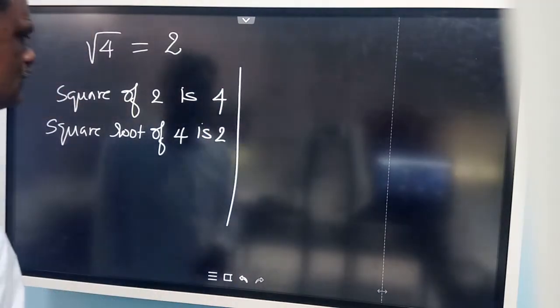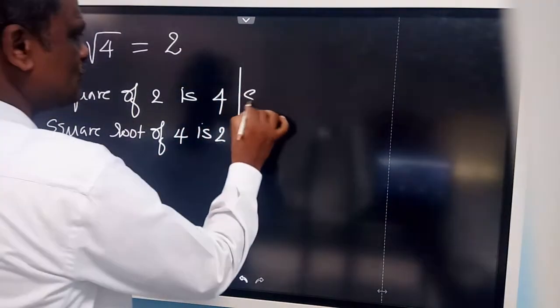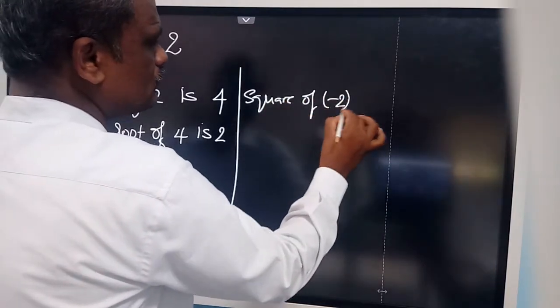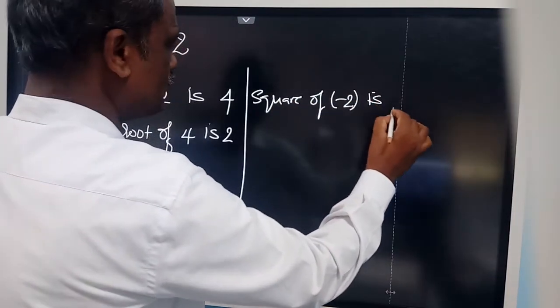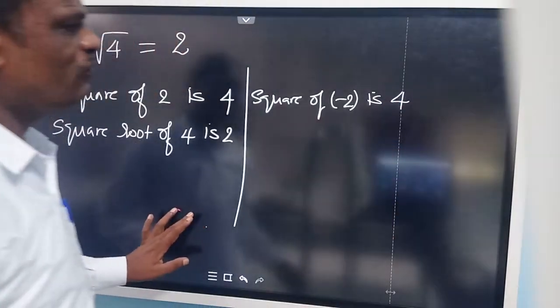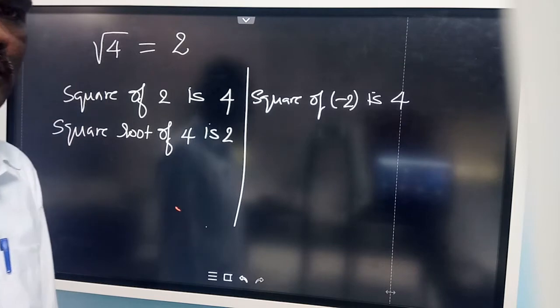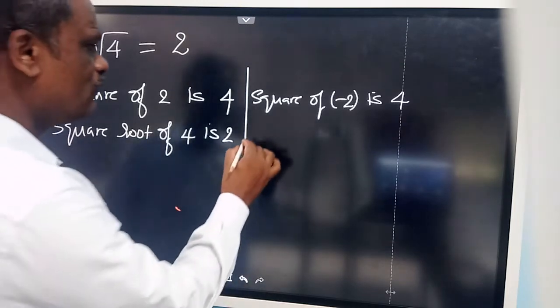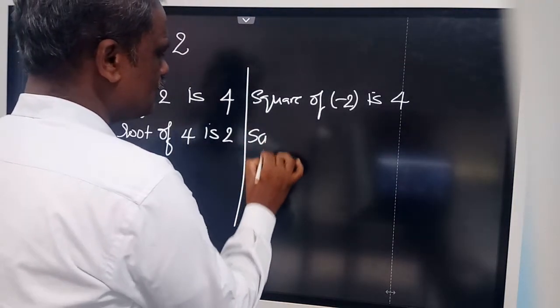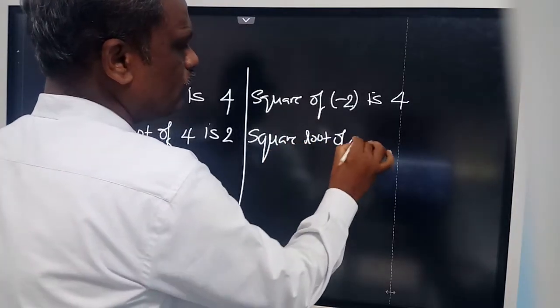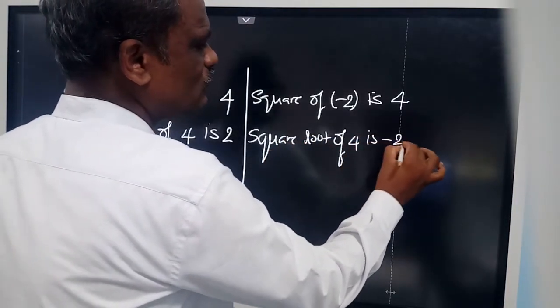One more example I will take. Square of minus 2 is also 4 only. Minus 2 into minus 2 gives you 4 only. So now reverse operation. Square root of 4 is minus 2 here.